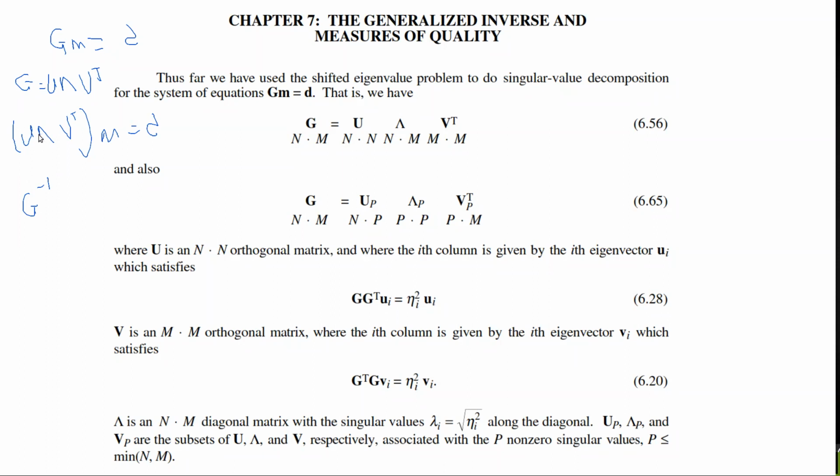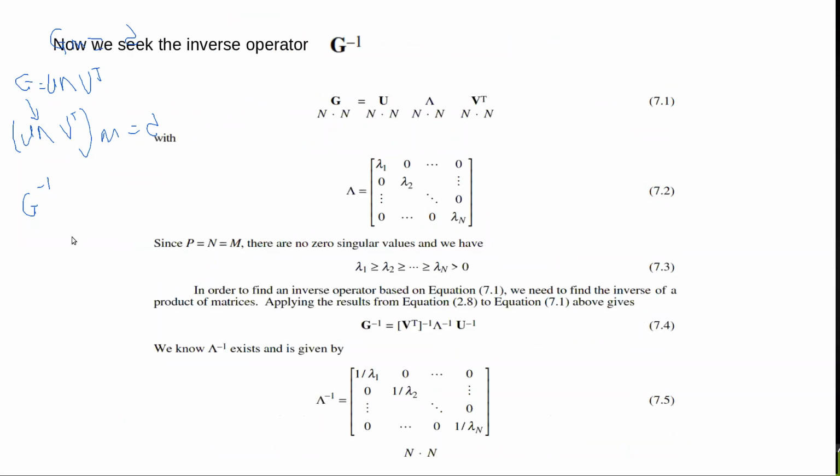If we can decompose G using SVD, we've already explained where the U and V are coming from. So let's jump to the inverse. We are now seeking an inverse operator, G inverse.